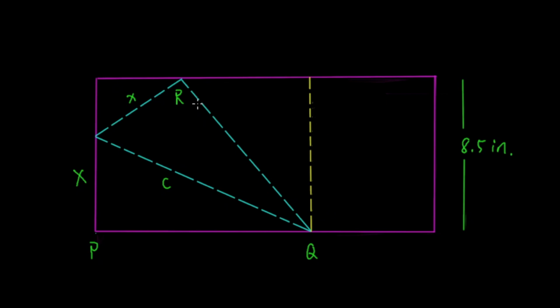Okay, now this is another triangle. Let me label this corner A, this corner B, this corner E, and then this side here, BQ, let's call this F. And this corner here, let's call it D. Now, this triangle here is ABD or ADB, and this triangle here is BEQ.